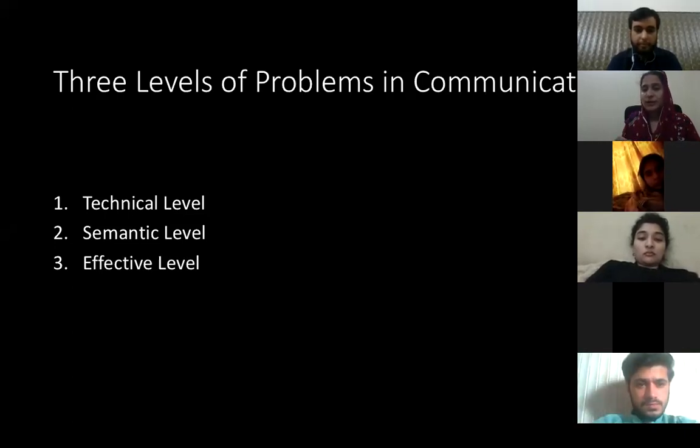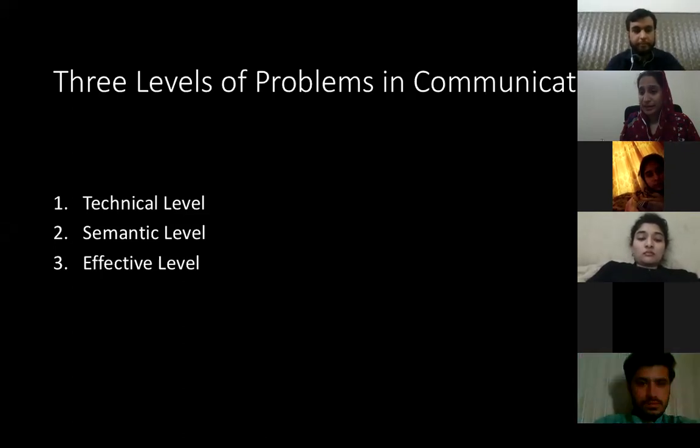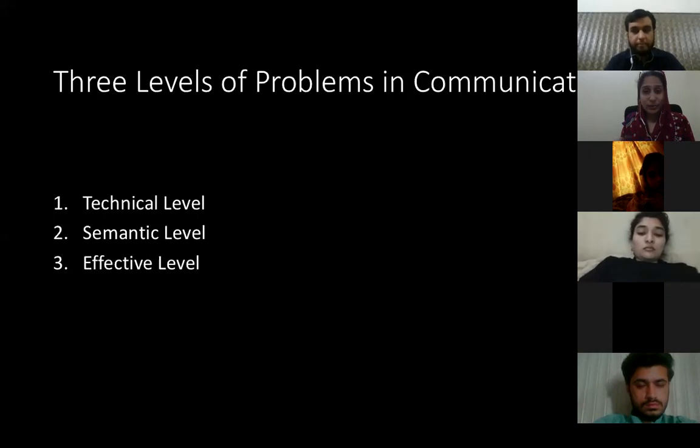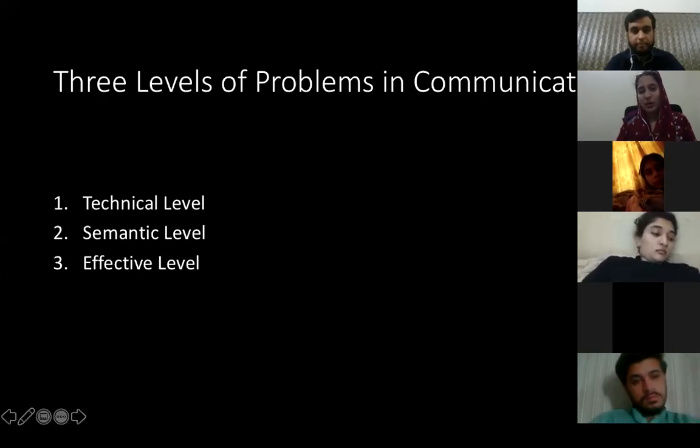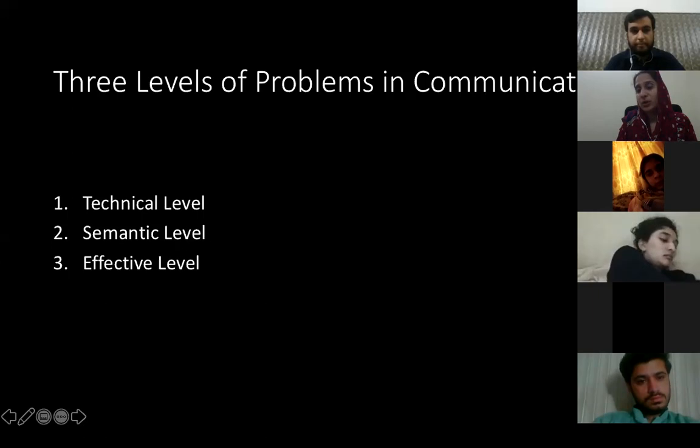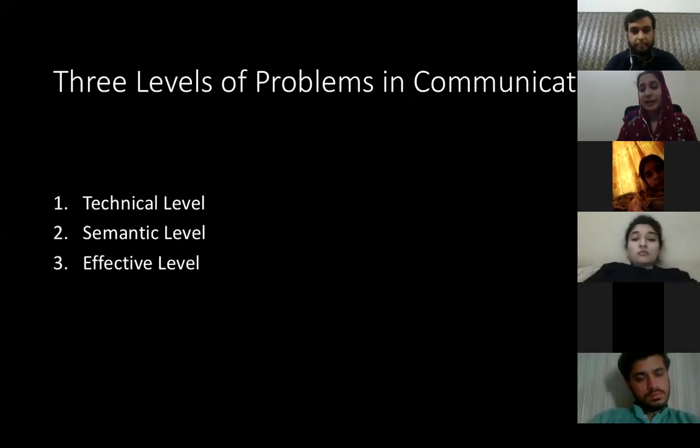For example, you are writing a sentence for your teacher in your assignment, and you wanted to write the word from, FROM, but you wrote it form, FORM, and both are correct according to Microsoft Word. That is why Microsoft Word doesn't underline, but the sense of your meaning is changed only because of a semantic level problem, only because of a problem that is in language.